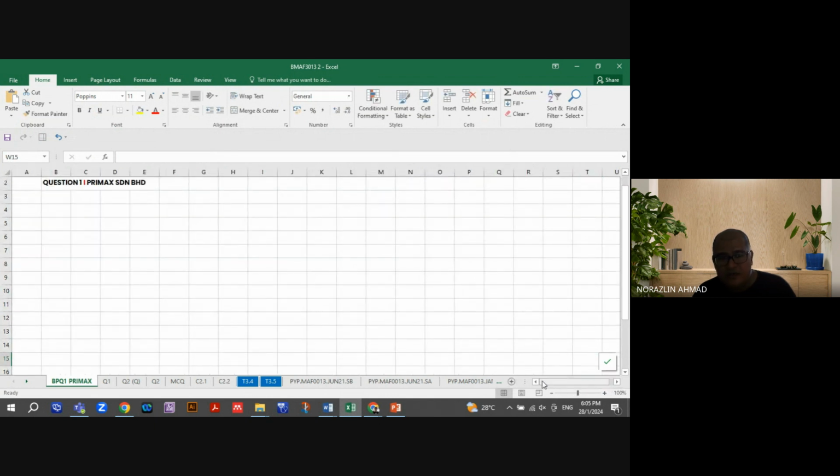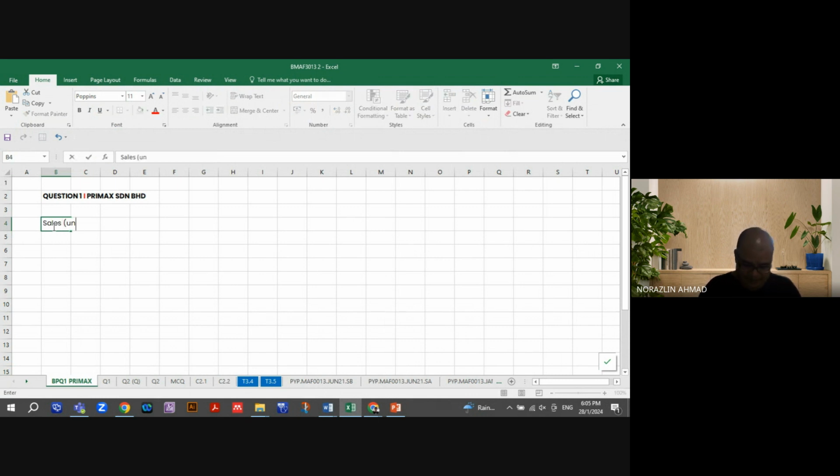I'm not sure whether you can see or not. Primax Berhad. The question gives us sales in units, or quantity: 10,000 units sold. And then we have selling price per unit.